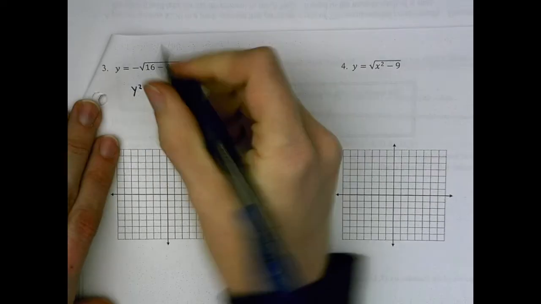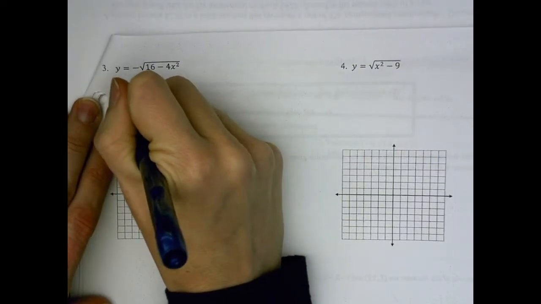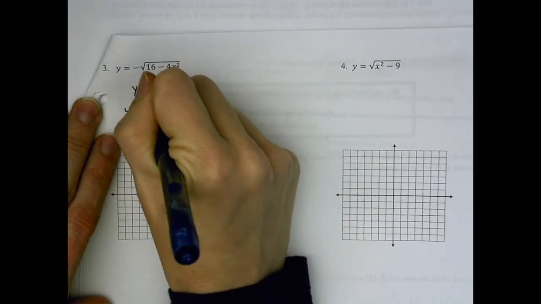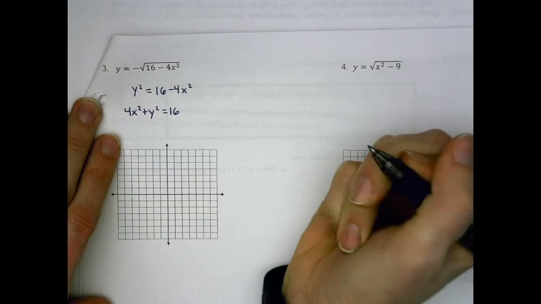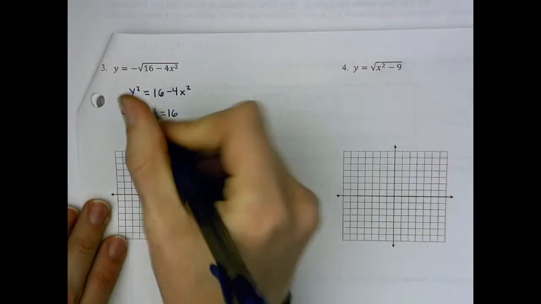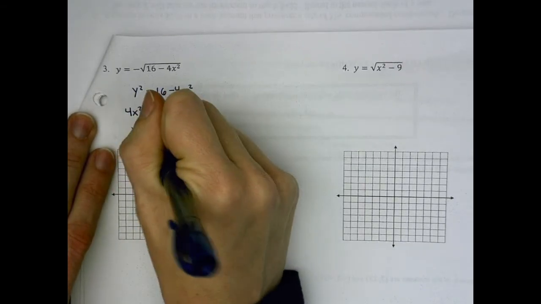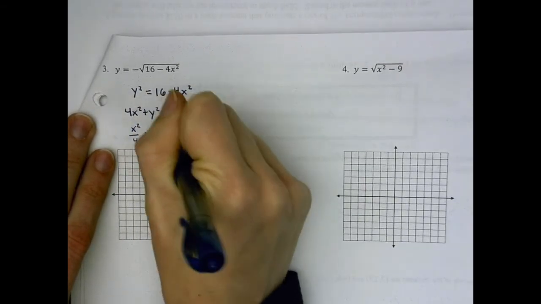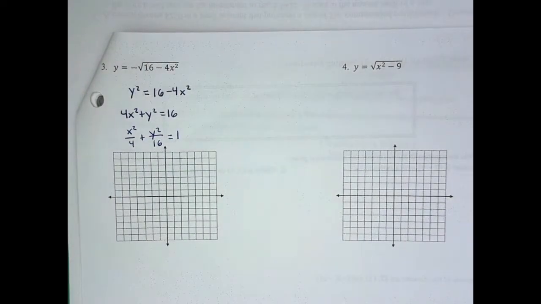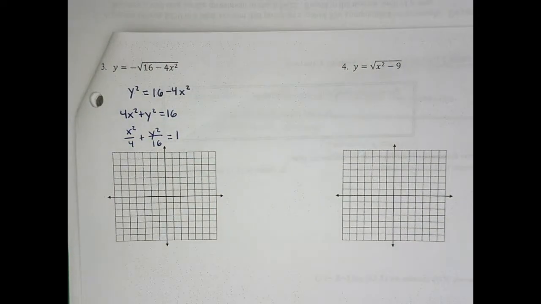Adding that 4x squared over, we have 4x squared plus y squared equals 16. And so then dividing by 16, we have x squared over 4 plus y squared over 16 equals 1. And I know this is an ellipse. Well, half ellipse technically speaking, but ellipse is the conic from which my half conic comes from.